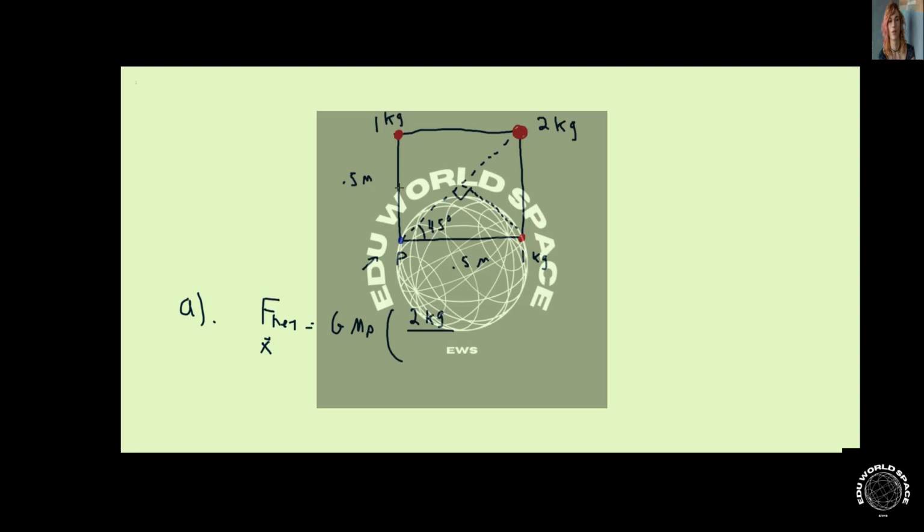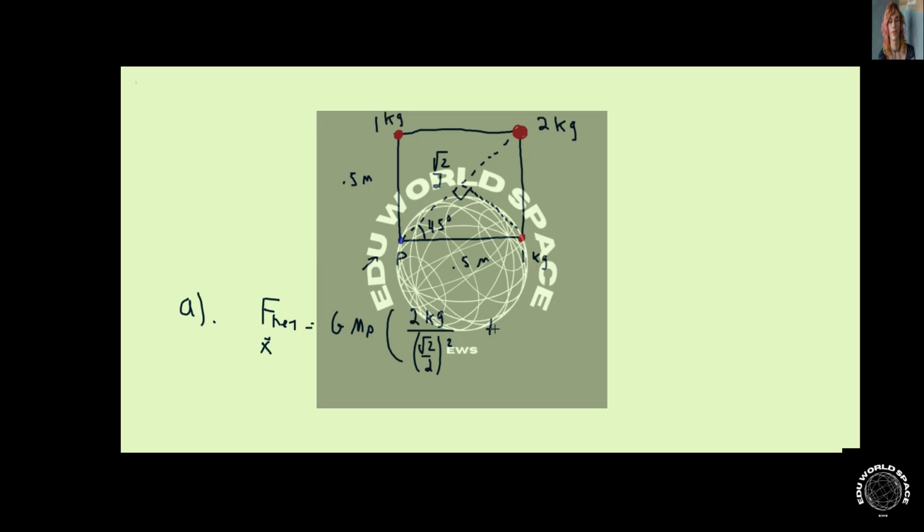This square is half a meter on each side, so we can use the Pythagorean theorem to see that this long distance should be root 2 over 2. We're just doing 0.5 squared plus 0.5 squared, the square root of that. So we have root 2 over 2, that whole thing squared.